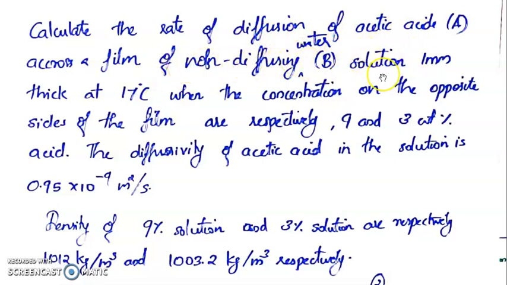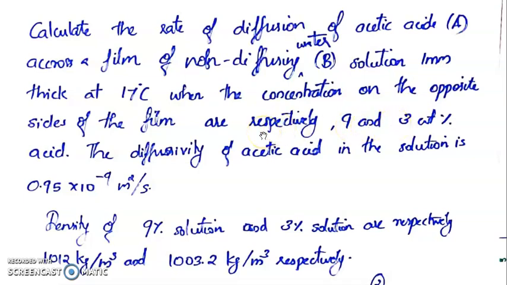It is clearly given that the diffusion is happening in a solution which is 1 millimeter thick at 17 degrees Celsius, where the concentrations on the opposite sides of the film are respectively 9 and 3 weight percentage acid. So the diffusion is taking place between two planes 1 millimeter apart, which have a concentration difference of 9 and 3 weight percentage.